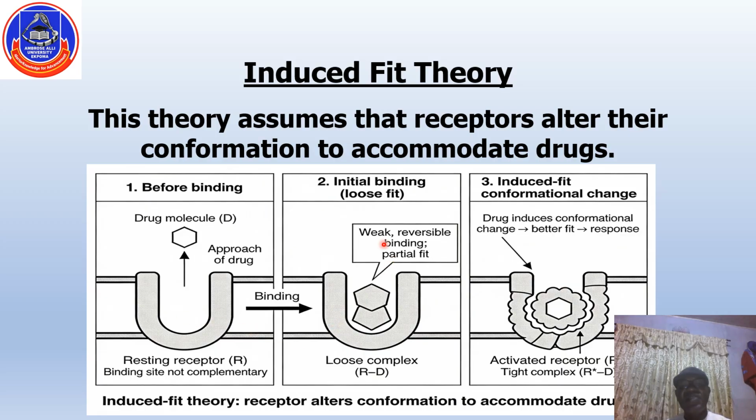Then you see the drug initial binding or loose fit. The binding is weak, reversible, and partially fitted. Now you can see that the drug has induced conformational change where it is a better fit and of course produces adequate response.